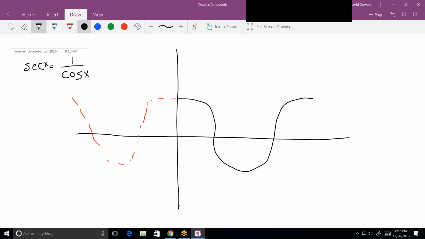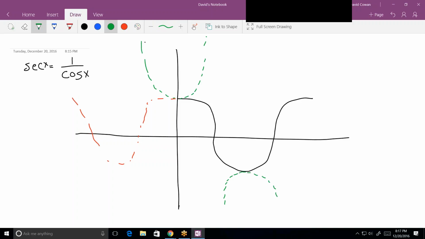There's no other number that's like that. 0 is not like that. 2 is not like that. 1,000,000 is not like that. 1 is the only number. So what that means is that when the cosine is equal to 1, the secant must also equal 1. And the secant curve sits on the peaks and the valleys of the cosine curve.